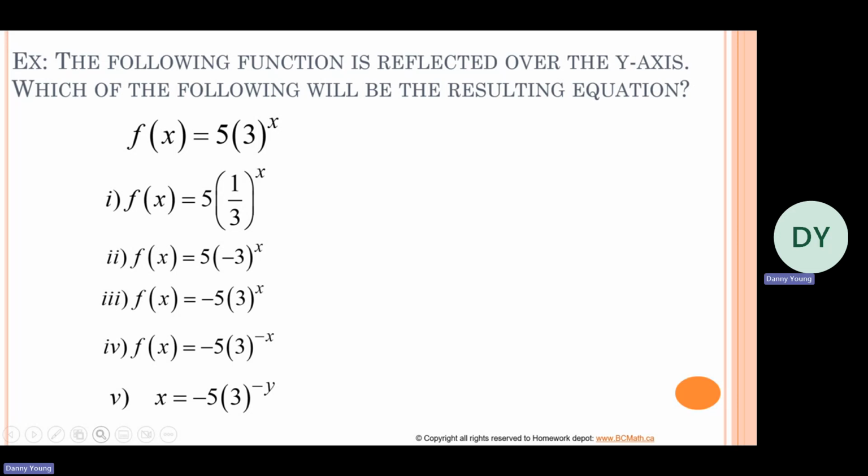Okay, how about this one? 30 seconds. Multiple choice question. Here we go. Just one reflection.